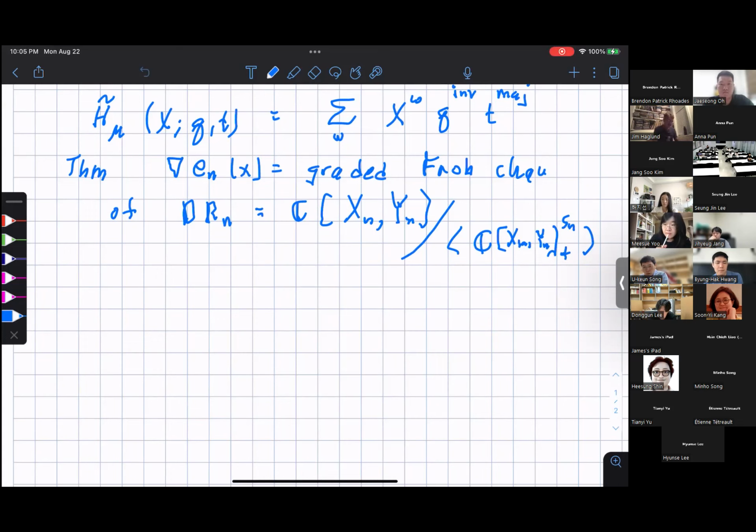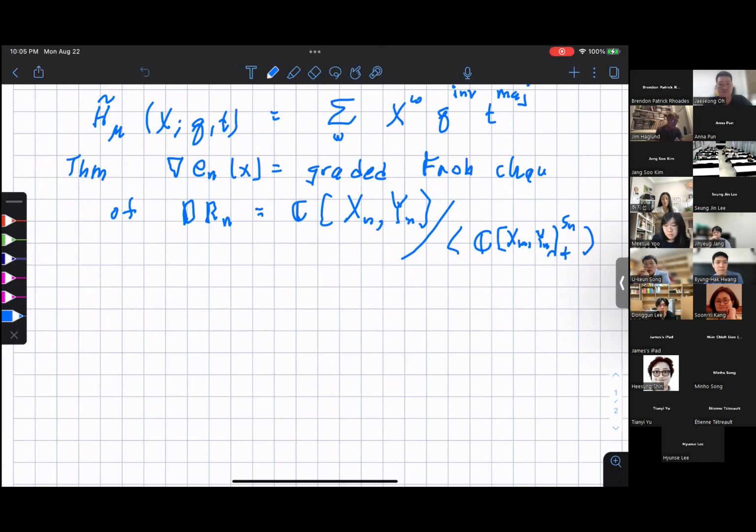And in this case, there's a bi-grading by homogeneous X and Y degree in this S_n module. And if you just take that into account, then you get this graded Frobenius characteristic. So it's a sum of Schur functions with coefficients which are non-negative powers of q and t, polynomials in q and t.